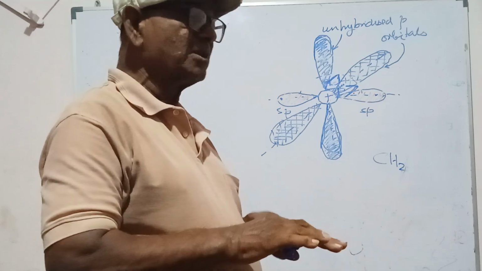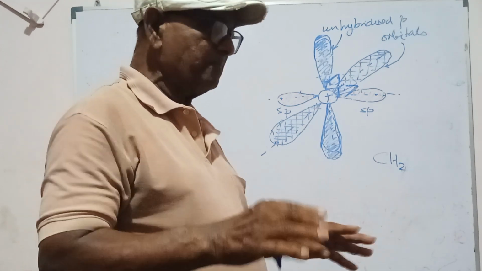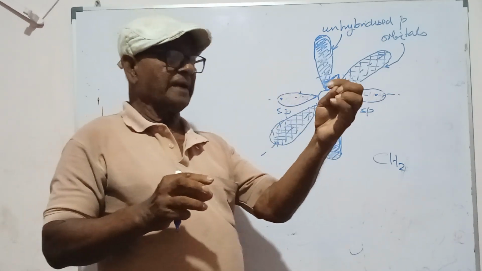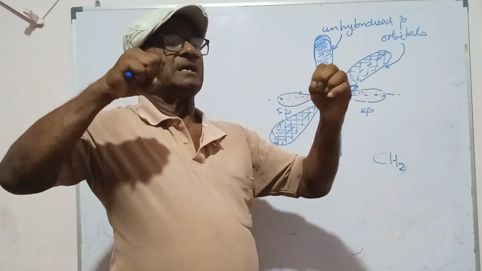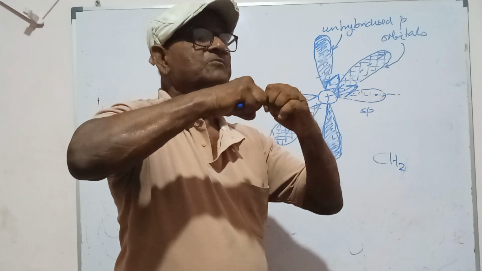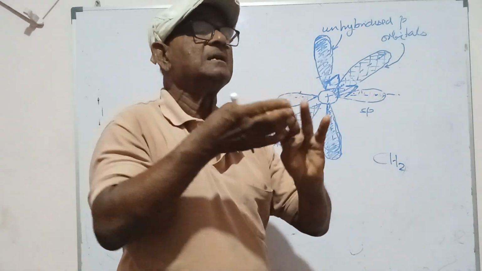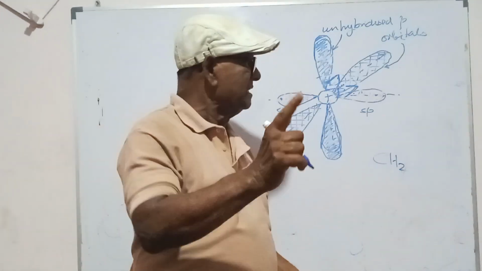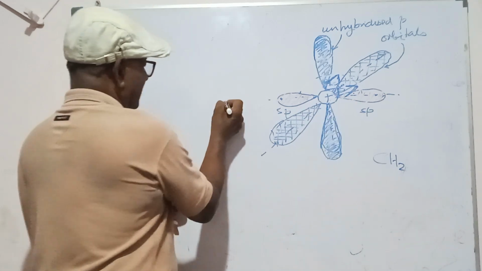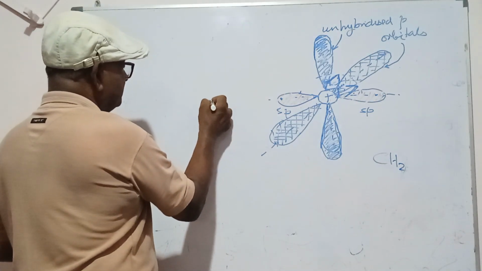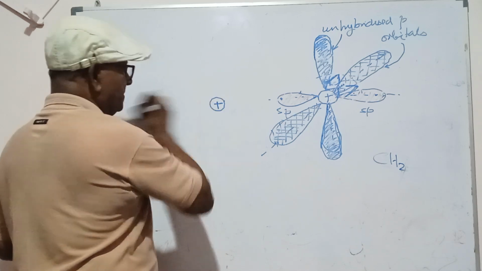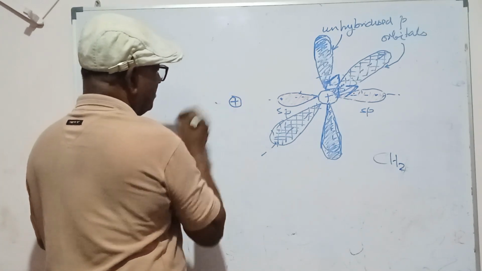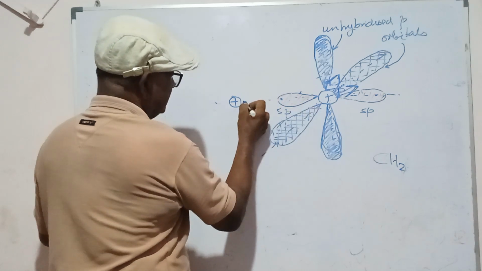So, as in the case of sp2 hybridization, do you remember, before the formation of the molecule, two sp2 hybridized carbon atoms get joined to each other with a sigma covalent bond through the sp2 hybridized orbitals. Similarly, here also it occurs. I draw here the other sp hybridized carbon atom. Now it also has sp hybridized orbitals like this.